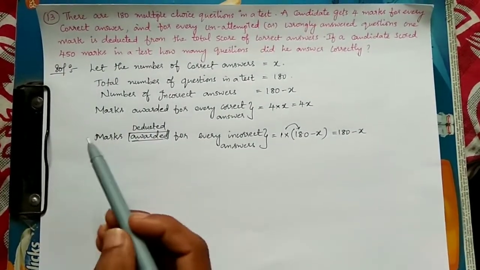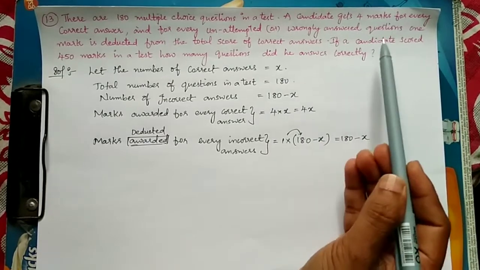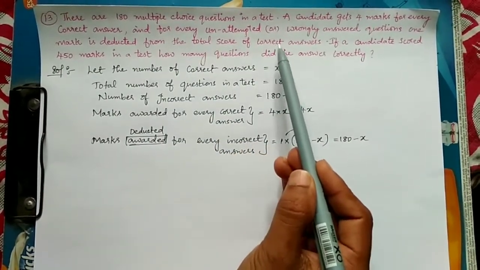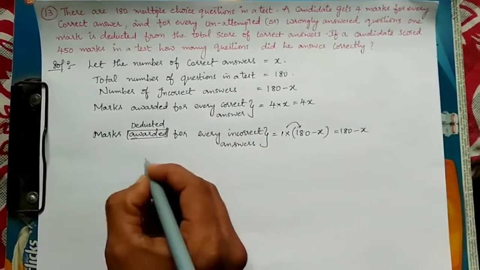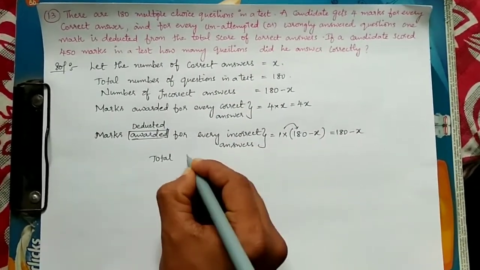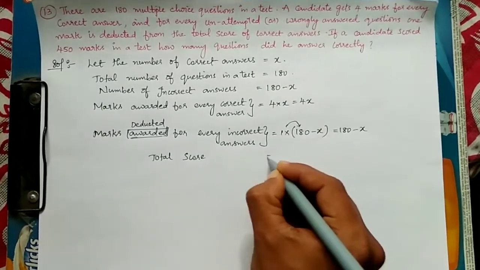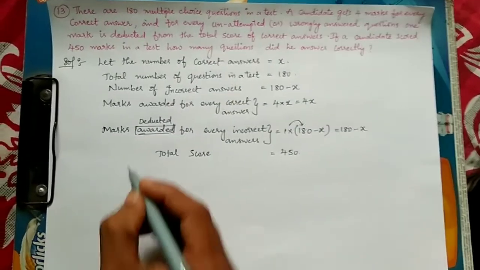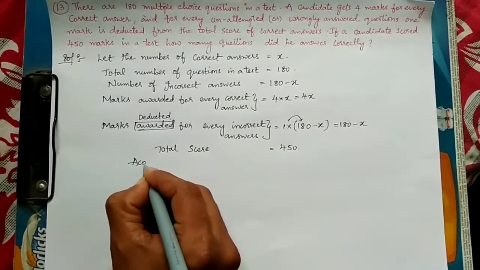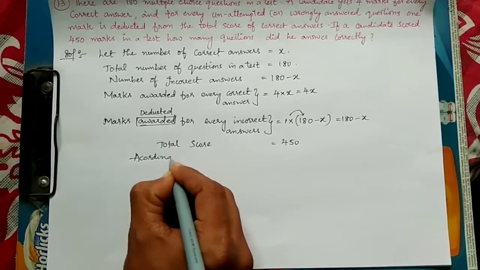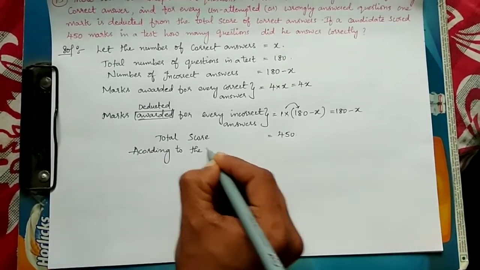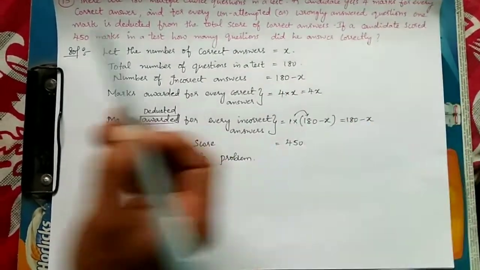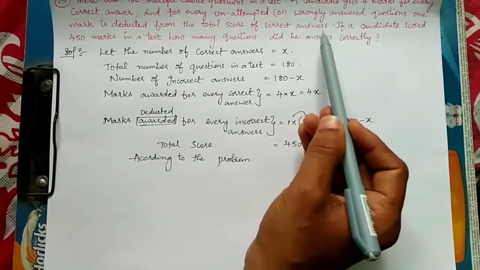Okay, now from the given question we can say 1 mark is deducted from the total score of correct answers. And now we write the total score. Total score is how much? 450. So this is given. Now according to the problem, 1 mark is deducted from the total score of correct answers.